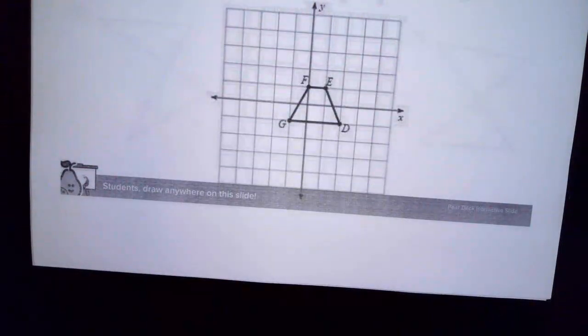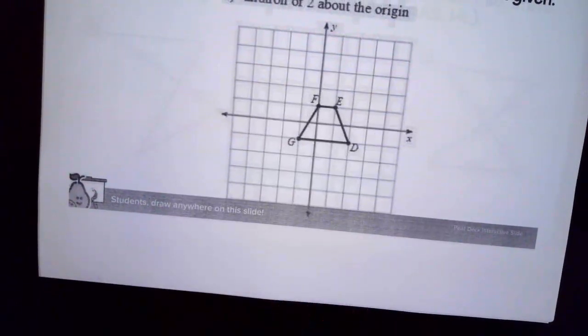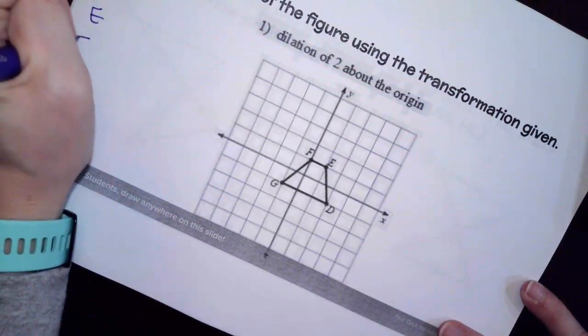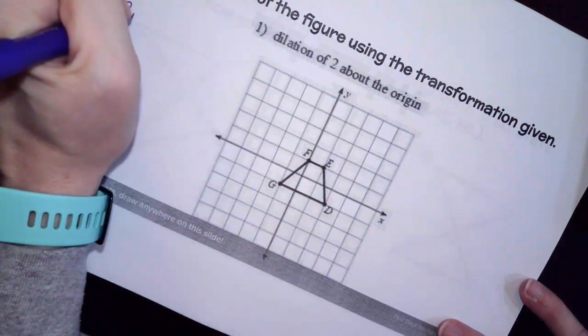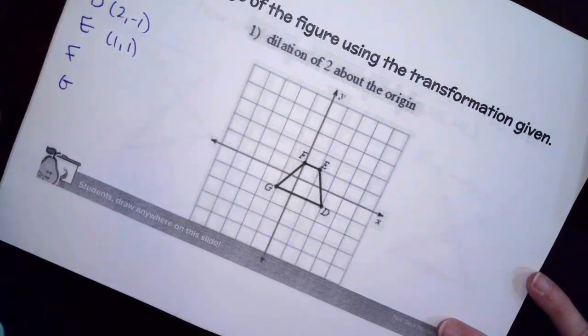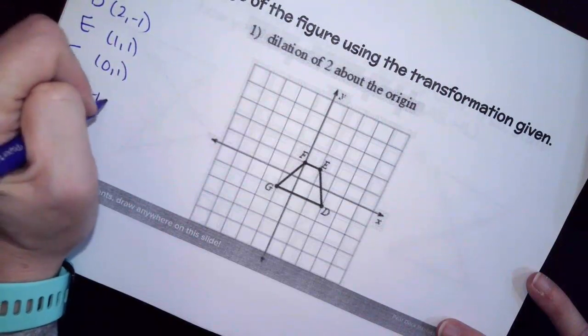Okay, moving on. All right, graph the image of the figure using the transformation given. All right, so it says dilation of 2 about the origin. So what I would do is D, E, F, G, D, E, F, and G. All right, D is 2, negative 1. E is 1, 1. F is 0, 1, and G is negative 1, negative 1.